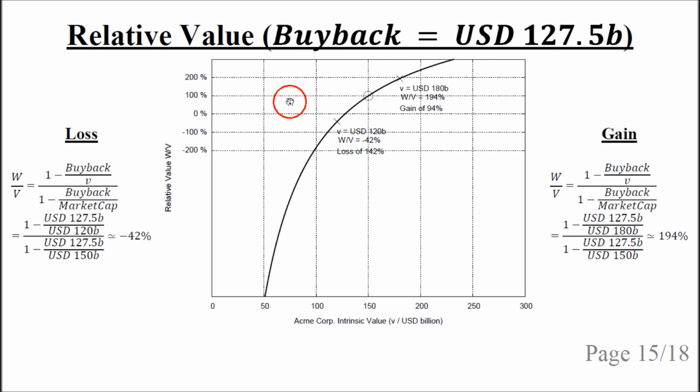Now consider the case where the buyback amount is greater than the intrinsic value. So the intrinsic value is $120 billion, but the buyback amount is $127.5 billion. In this case, the relative value of a share buyback is minus 42%, and it is calculated in the formula out here. And this means a loss to shareholders of 142%.